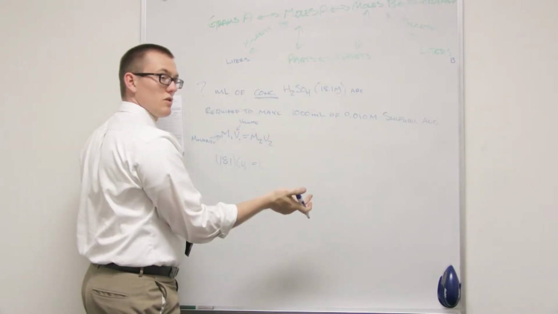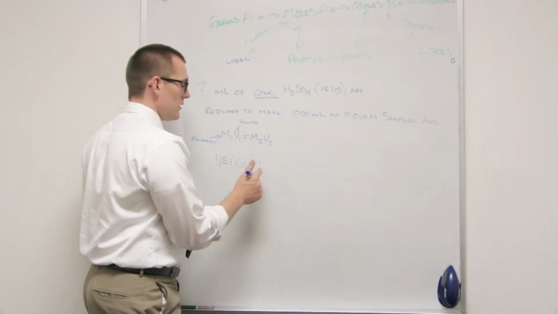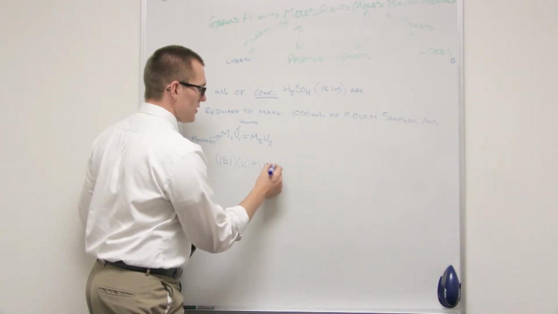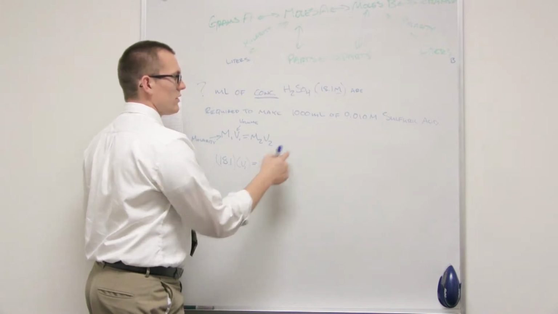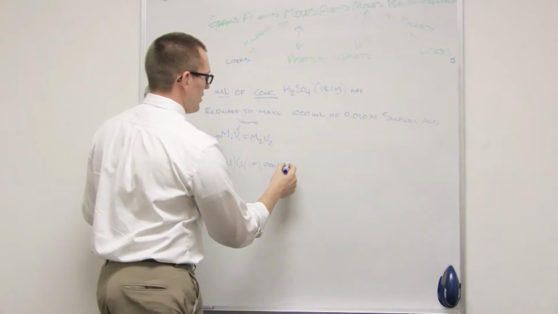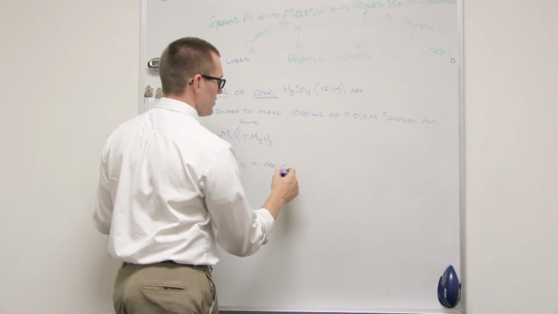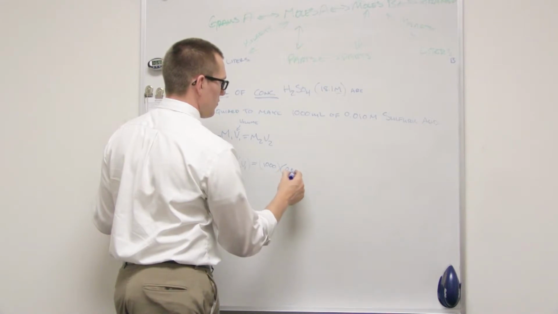So we can just keep it in milliliters, and it will give us milliliters as the answer for V1. So we can keep the 1,000 in here, but just remember, we are only doing that because the answer we're looking for is in milliliters. And then the M2 for the final solution is going to be 0.010.